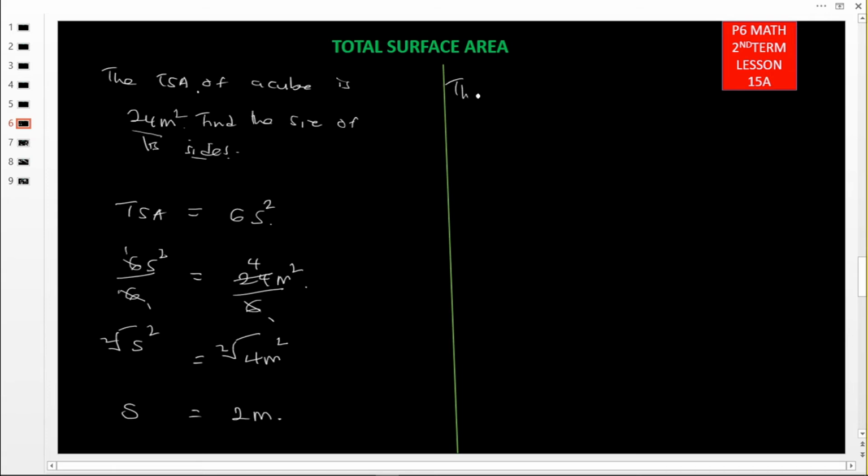Okay, so let us also get this one. The total surface area of a cube is 600 centimeters squared.